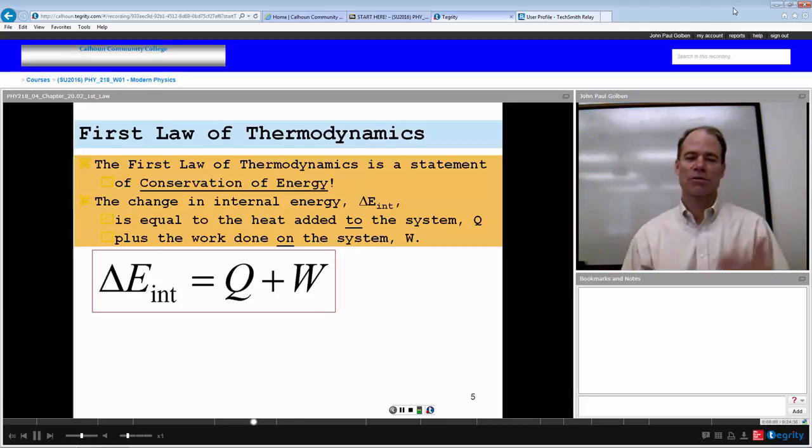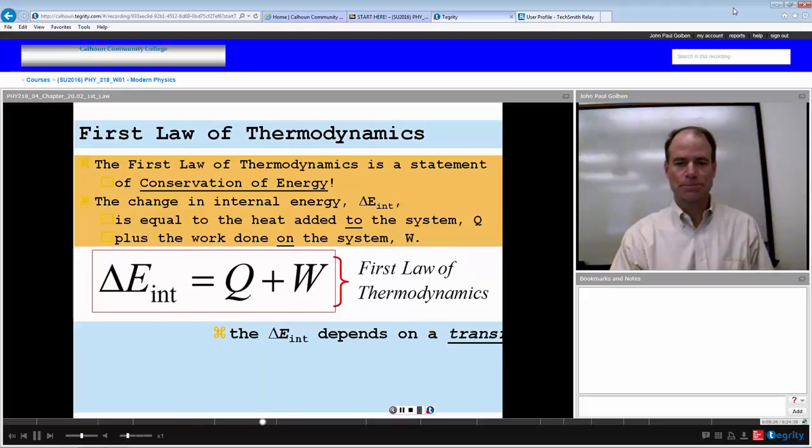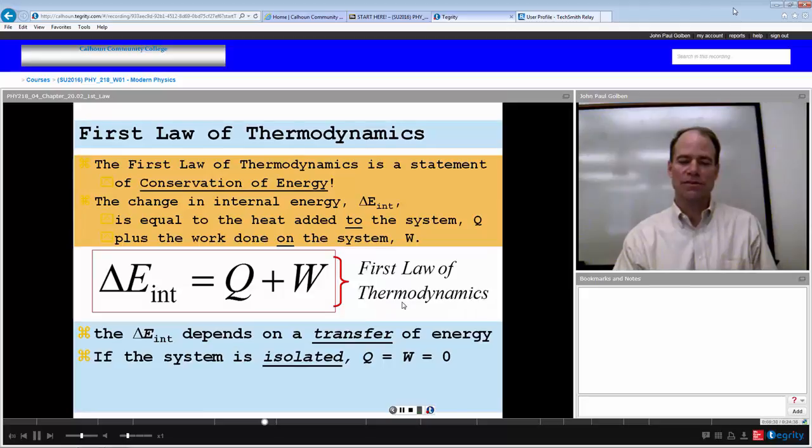Now, you probably will see other courses where you'll see this first law in different forms, and sometimes Q will be on the system and work will be by the system, and vice versa. It can be confusing. But in this form, as we're showing it here, everything is on the system. Change in internal energy would depend on a transfer of energy.